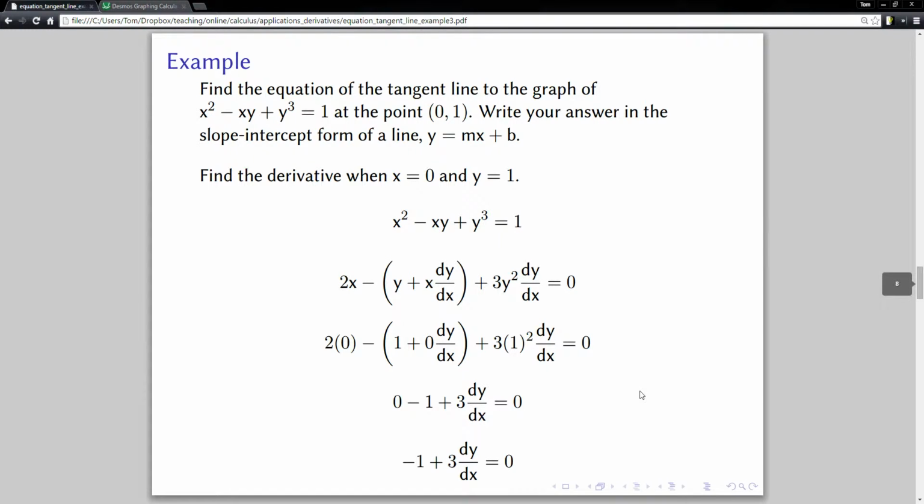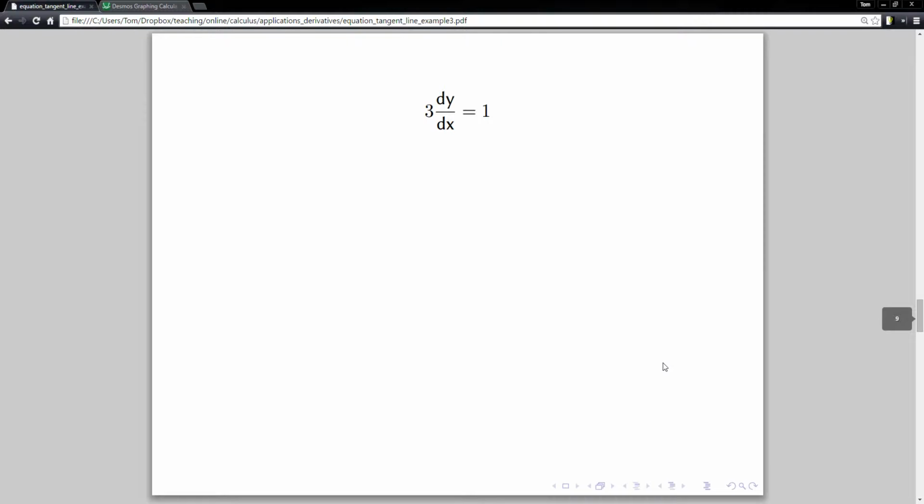And of course 0 minus 1 is negative 1 plus 3 times dy/dx, all that is equal to 0. So next I would add 1 to both sides of the equation and get 3 times dy/dx equals 1, and then divide both sides by 3, and I get dy/dx is equal to positive 1/3.